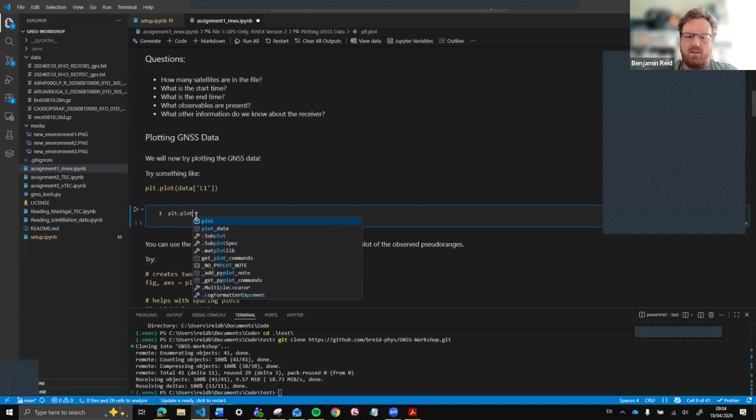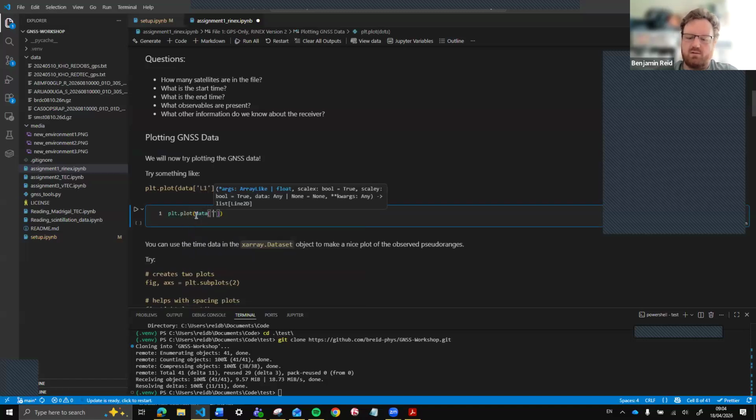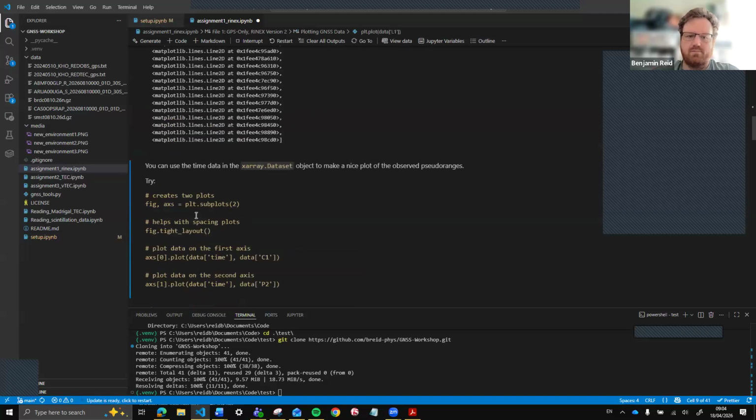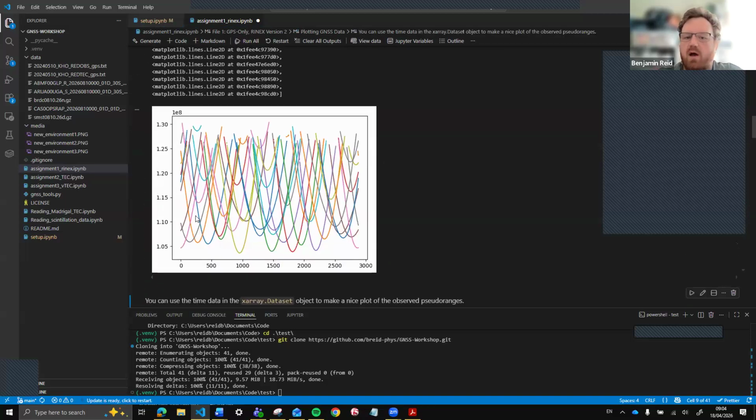So we do plt.plot, right? We can plot all of the nice phases. You can see they're in kind of a weird unit, and that's actually just a count.